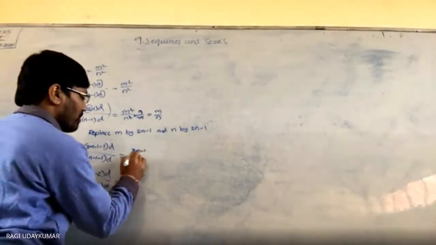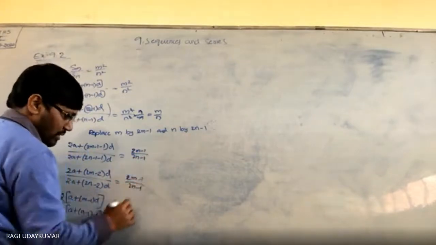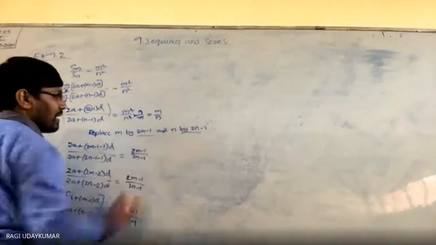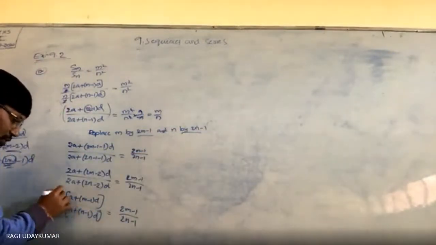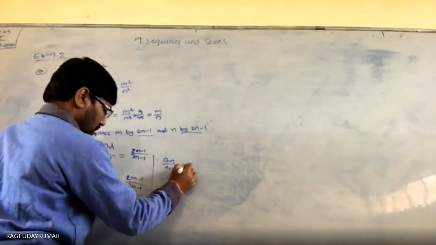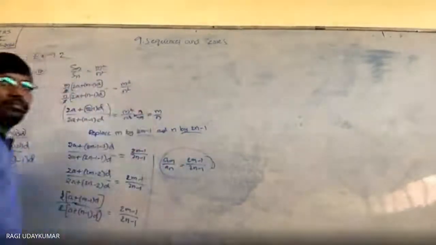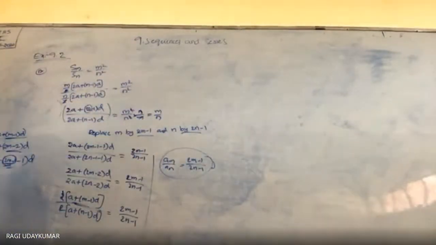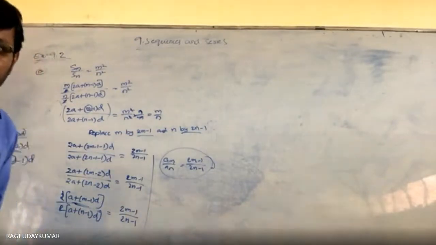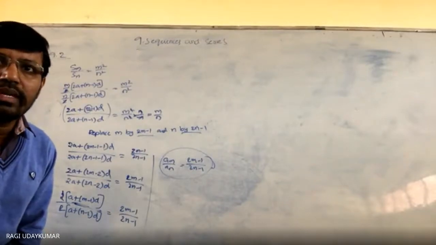Here 2m minus 1 by 2n minus 1, here also 2m minus 1 by 2n minus 1. This we are replacing. So what are we going to get? am by an is equal to 2m minus 1 by 2n minus 1. Did you understand? Is it okay? It's a simple problem.